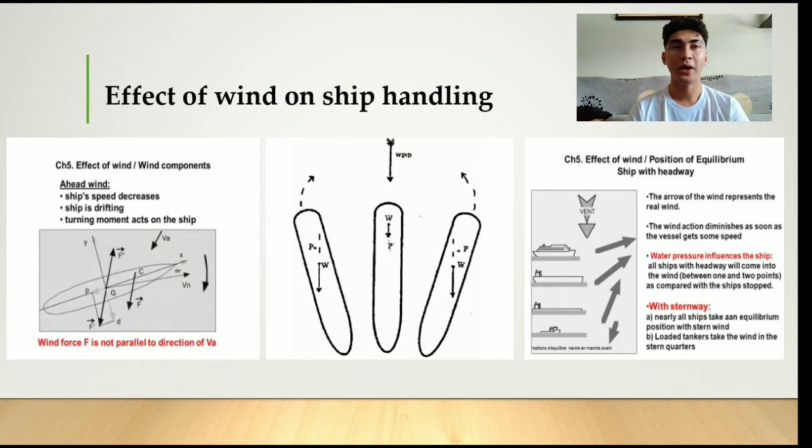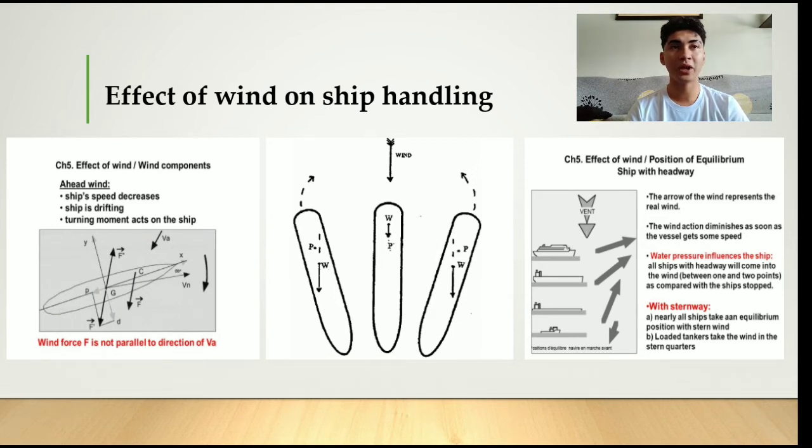As we can see, the wind force F here is not parallel to direction of VA. And also, in the third picture, we can see the effects of wind and the position of equilibrium of the ship with headway. The arrow here represents the real wind, and the wind action diminishes as soon as the vessel gets some speed.